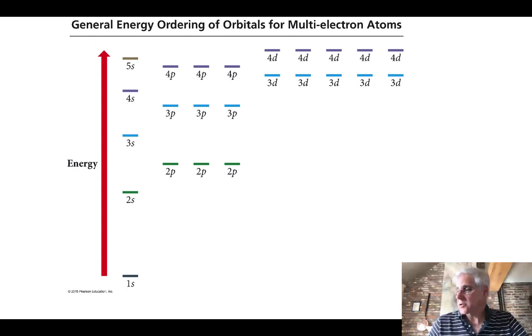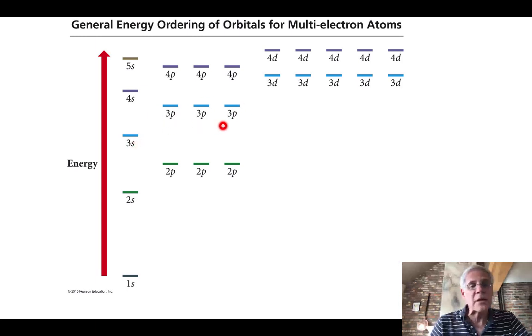So we start with our 1s, that's the lowest energy, and then we go to the 2s, that's what we expect. An s is lower than a p, so the next thing we fill in are the 2p orbitals, the 3 of them that are there. Then we move to the 3s, so the 3s comes next, that's great. And then we have the 3p orbitals, perfect, the p comes right after the s.